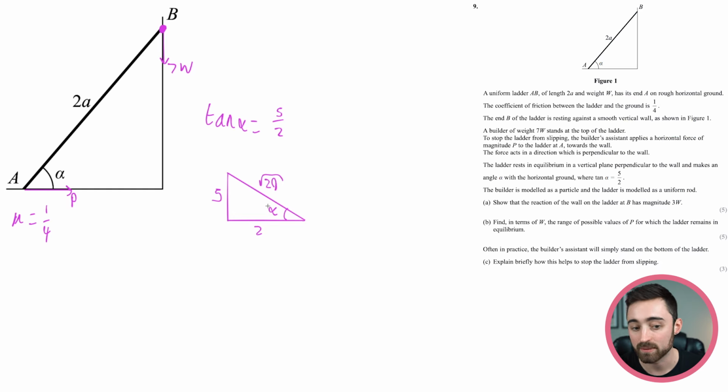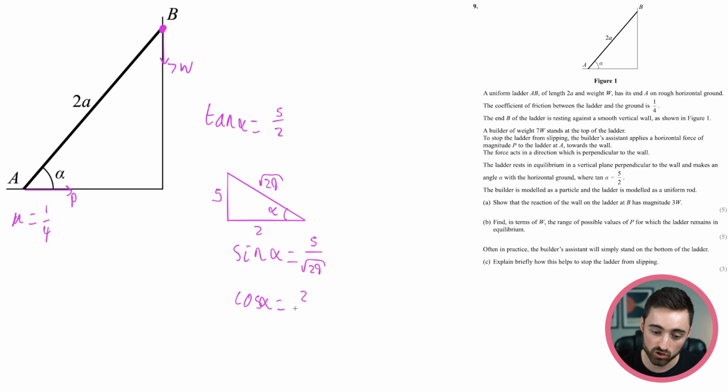Which would therefore tell me that sine alpha, opposite over hypotenuse, is 5 over root 29. And cos alpha, adjacent over hypotenuse, is 2 over the square root of 29. Cool, carry on.